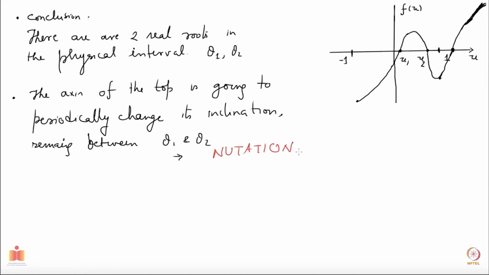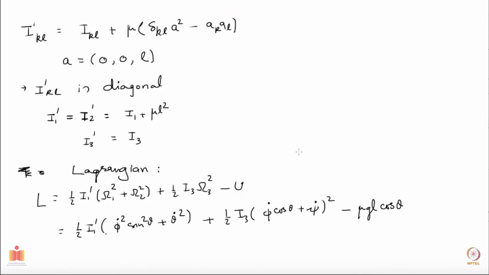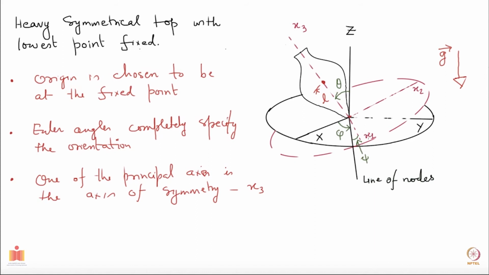Okay, that's good. Let's talk more about now the azimuth of the axis. So we have an equation for phi dot, which tells you about the azimuth. This one, right? So this is giving you the azimuth of this axis of the top, and this is what we want to know now.